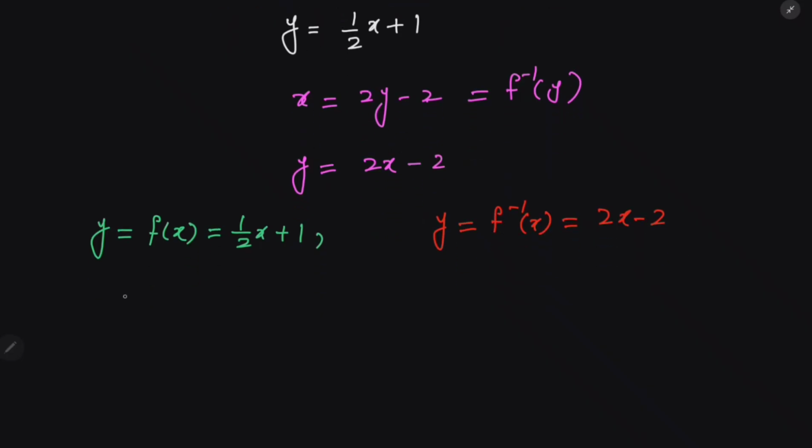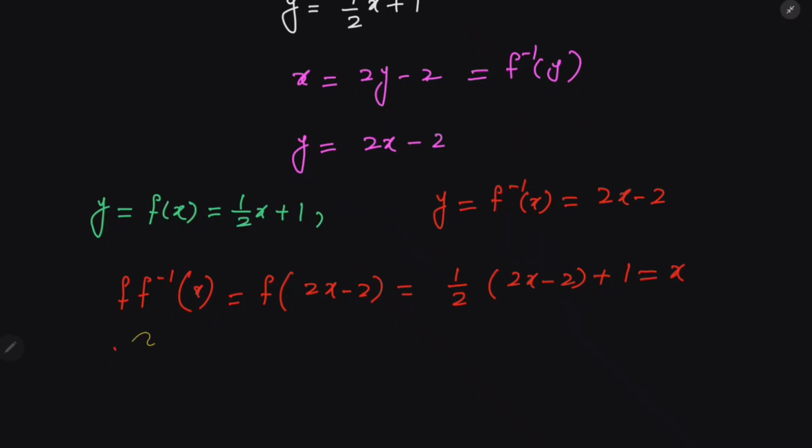If you want to check whether these are correct or not, we apply f on f inverse. F inverse x is 2x minus 2, and we have 1 by 2 times 2x minus 2, plus 1, so we get x.